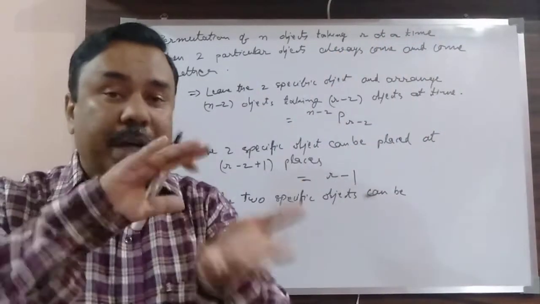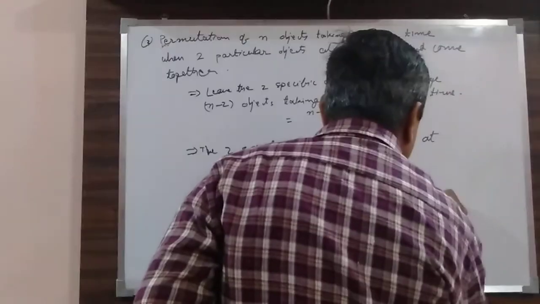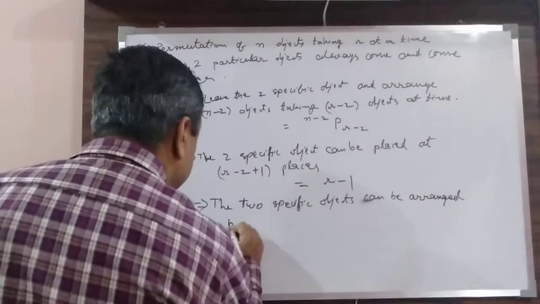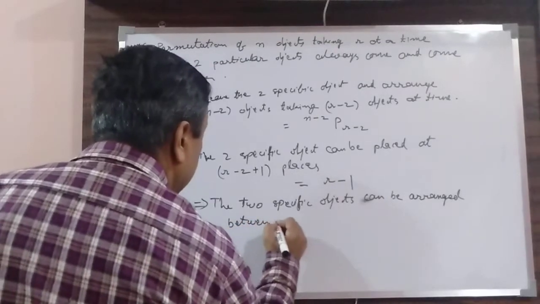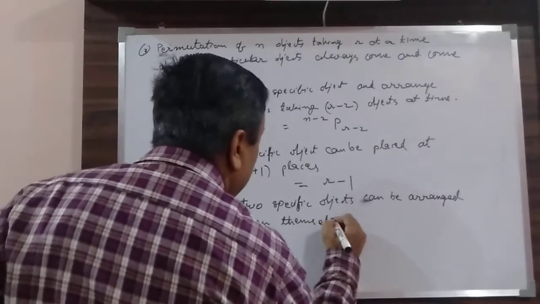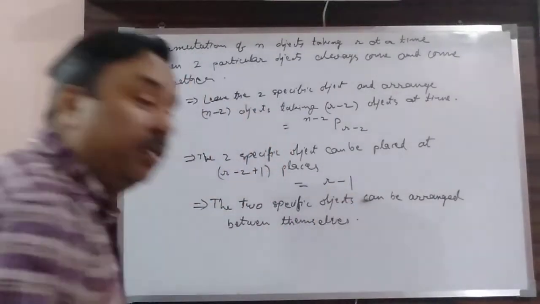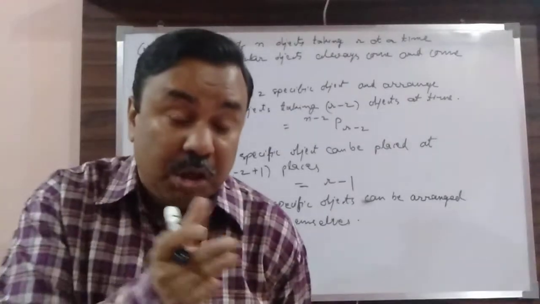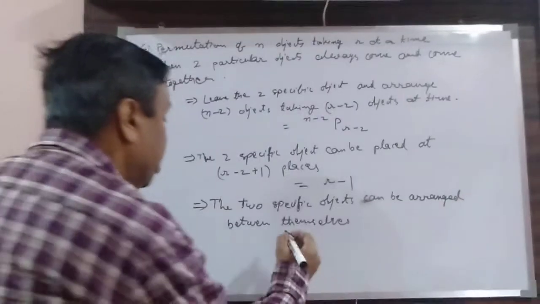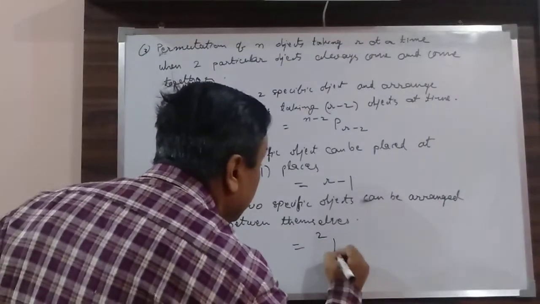So they two can also be arranged between themselves. Obviously, now what will be the formula? It will be a permutation of two objects taking two at a time, so that will be 2P2.